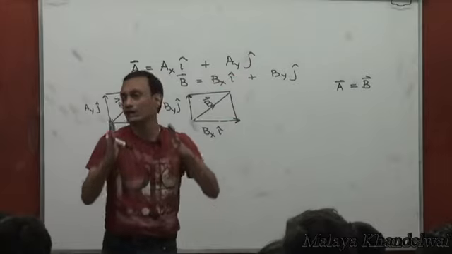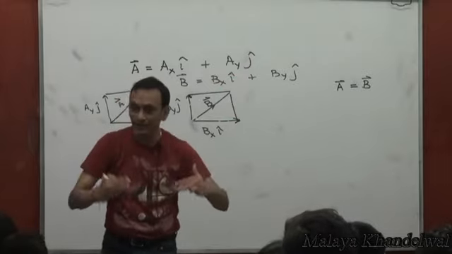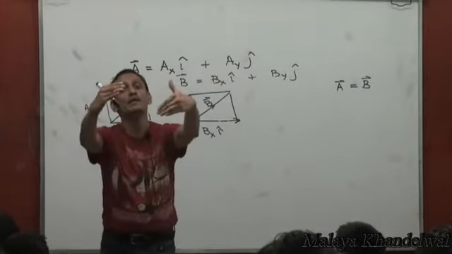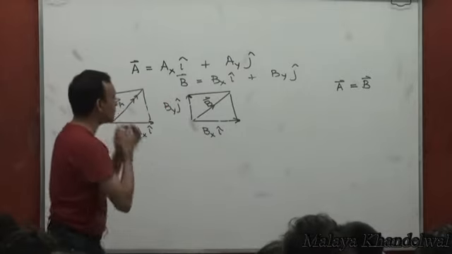If two vectors are equal, they must be the same in magnitude and they must have the same direction. That means they must be parallel to each other, right?